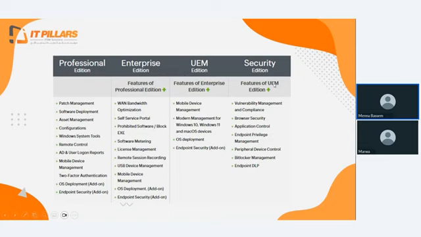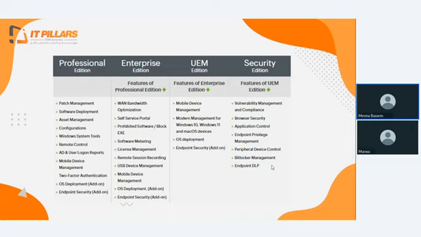So you will get all the features in endpoint management, plus all the security features like vulnerability management, browser security, application control, privilege management, and device control. We have BitLocker management and Endpoint DLP.